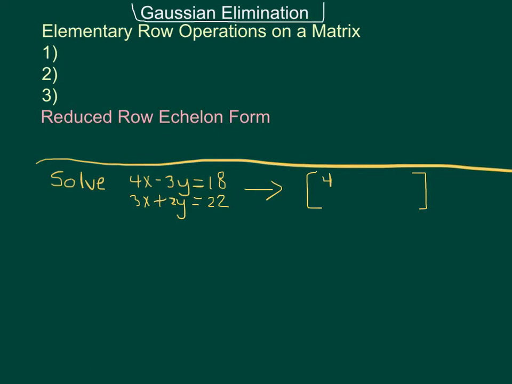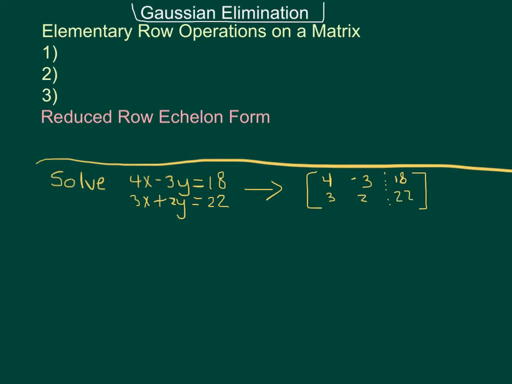I can encode this system by writing the coefficients of those variables like this. And then I usually put a dash here and put the results, or those constants, on the other side.